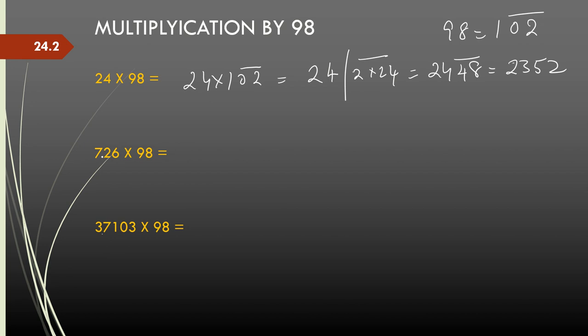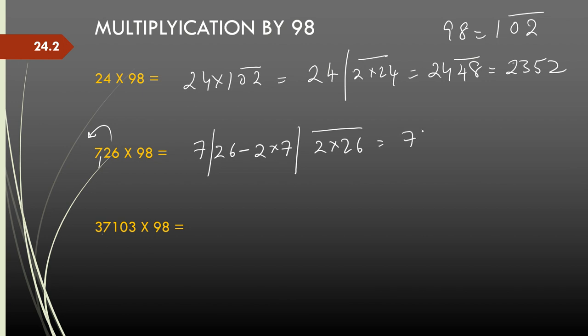Similarly, if I have a bigger number, 726 into 98, I start dividing it into groups of 2 and then write from the left. First part is 7, the next part is always subtraction in this direction. So, it will be 26 minus twice of the previous digit, minus 2 into 7, and then it will be twice of 26 with a bar on top.